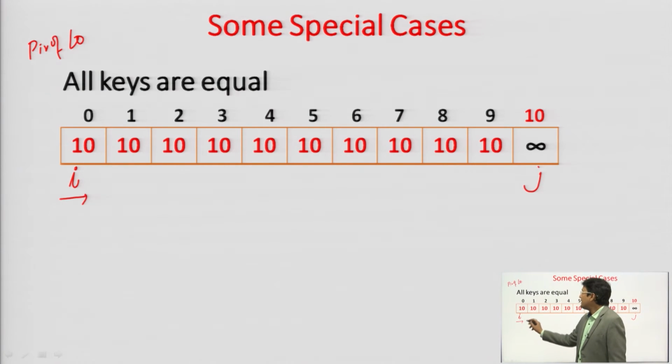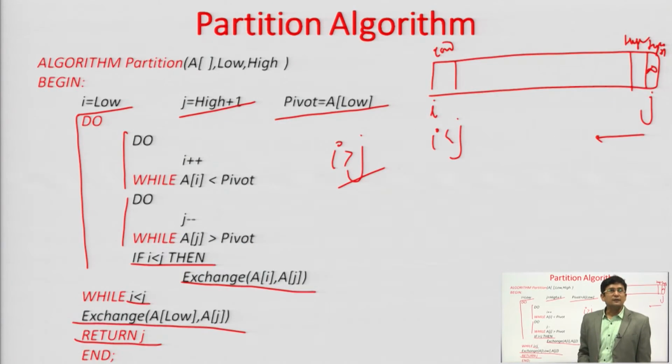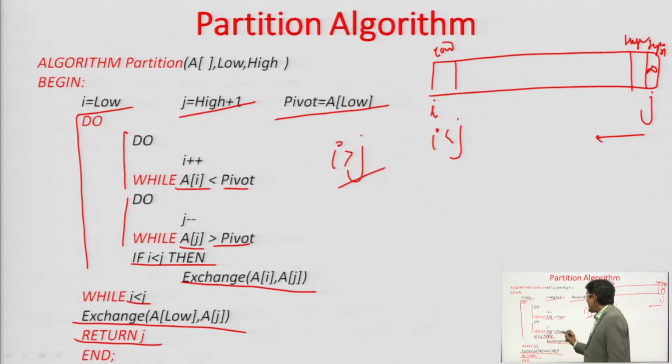You increment this i until you find a larger element, or come back to the algorithm and see that this algorithm says that if a[i] is less than pivot, then increment i. Similarly, if a[j] is greater than pivot, decrement j. What is the reverse meaning of this? The reverse meaning of this is if a[i] is equal to pivot, stop.